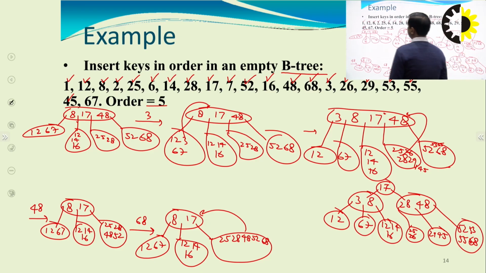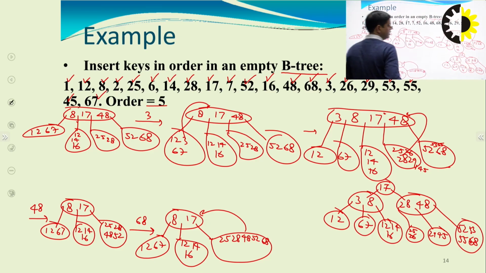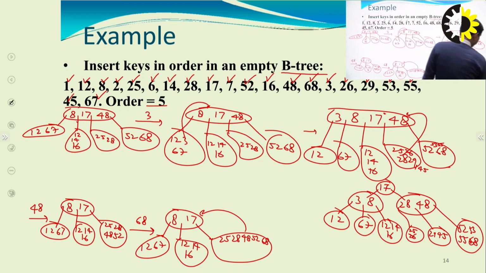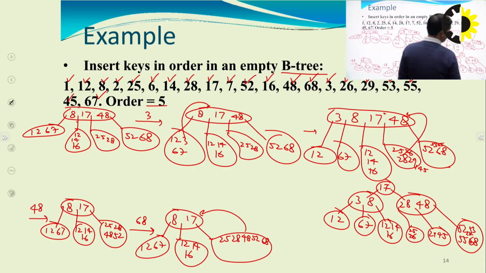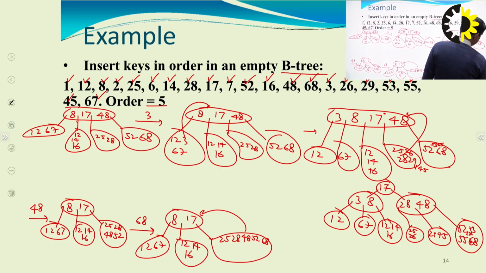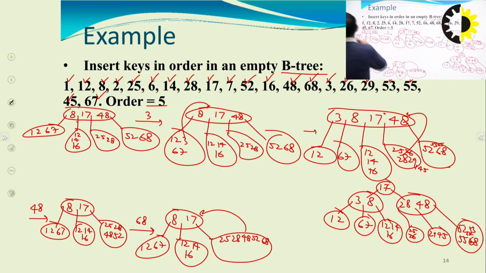Now finally we have to insert 67. So 67 will be before 68 here. Again the condition will be violated, then we will split this node and 67 will go up, just like this.